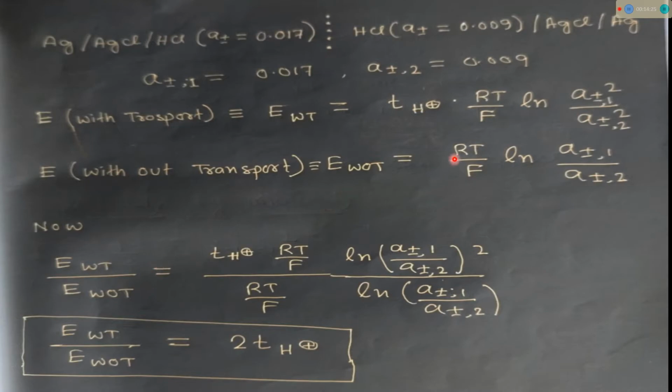From this expression we get t_H+ times the ln of (a± 1 upon a± 2) inside the bracket and whole square.